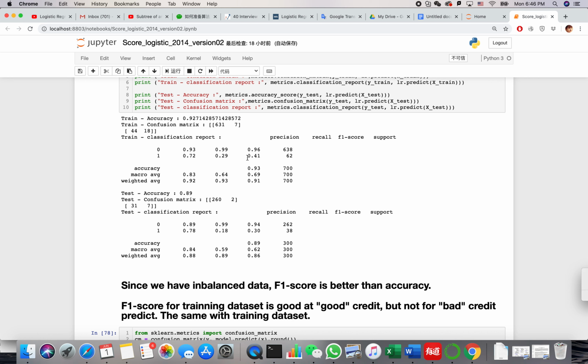For the samples whose credit is good, labeled 0, we get the higher F1 score, and for the bad ones, we get the lower F1 score. An F1 score nearly equal to 1 is better than one nearly equal to 0. This is the training dataset. For the testing dataset, we also get good results, for both good credit and not so good credit at 1.